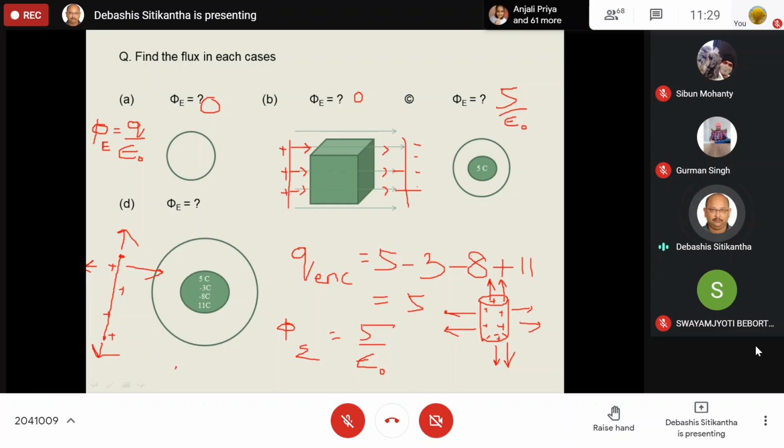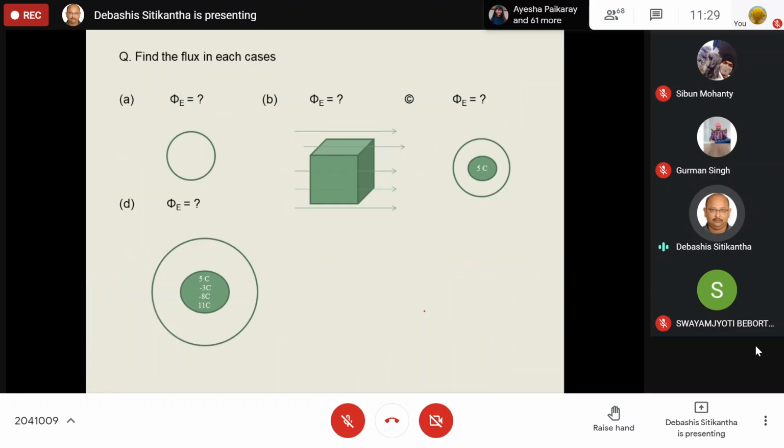So since we are saying that a point charge is going to give out electric flux, why not the topmost and the bottommost? You are absolutely correct. There is nothing wrong in it, but still we will say that it is not going to give out flux. Now why? Have a look over here. As per your idea, which is practically absolutely correct, we cannot consider it.